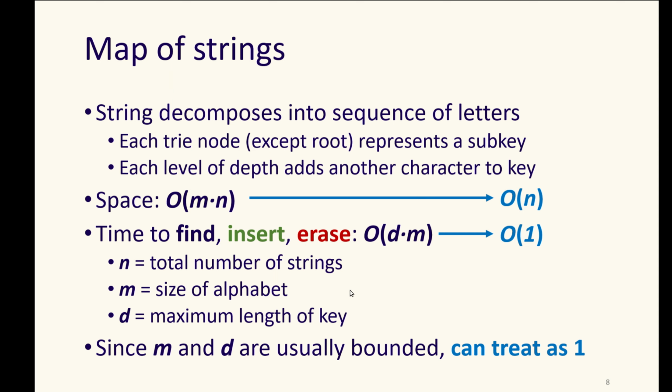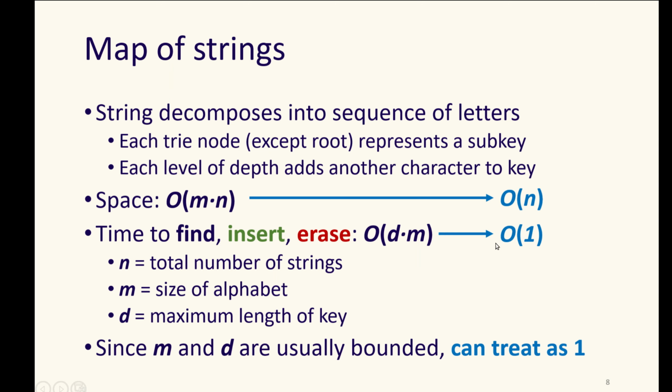Then we can treat both of those as constants, meaning, in big O terms, they both boil away. So our space of O of m times n is functionally O of n space. And our time of d times m, both of those are constants, therefore it's functionally O of 1 to look things up.